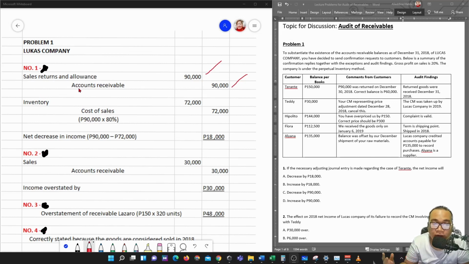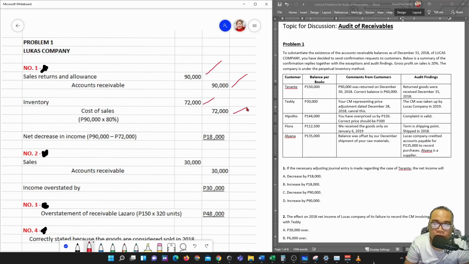Kasi nga sinauli yung inventory. In this case naman, yung cost ng inventory. And since the gross profit is stated at 20%, alam natin na yung cost is 80%. So 90,000 times 80%, 72,000, yung cost niya is 72,000, o ito yun, goods.